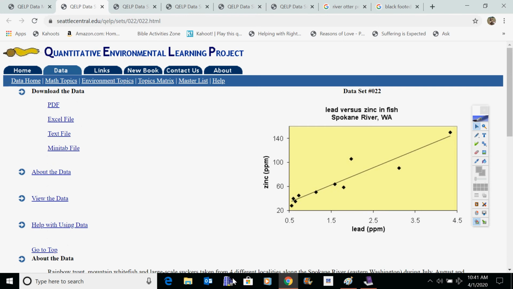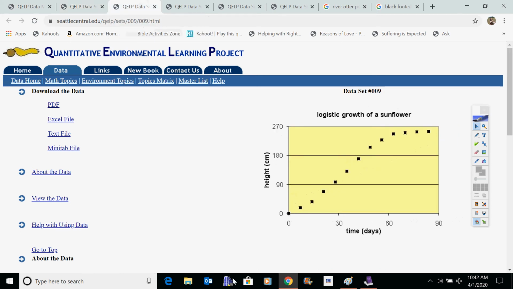Okay, this particular one is comparing the amount of lead in the Spokane River versus the amount of zinc. And when they plotted those, they found out that the number was going up in comparison to the other numbers, so that would be a positive relationship.